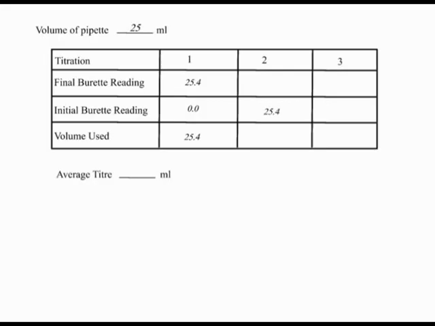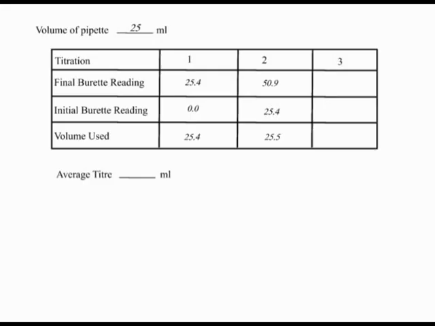Suppose we do a titration and end with a final burette reading of 50.9 milliliters, assuming the burette can hold that. Most will hold up to 50 milliliters. If I have a final reading of 50.9 milliliters, it means that the volume used is 50.9 minus 25.4, which gives us 25.5 milliliters.